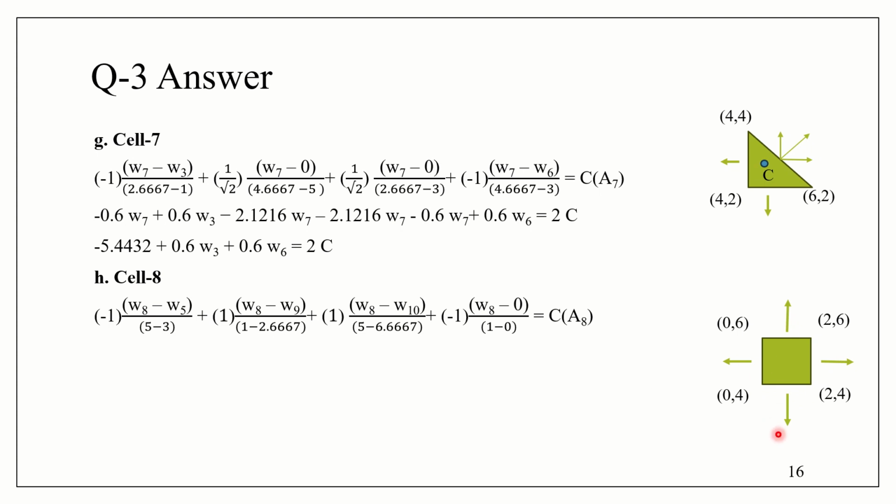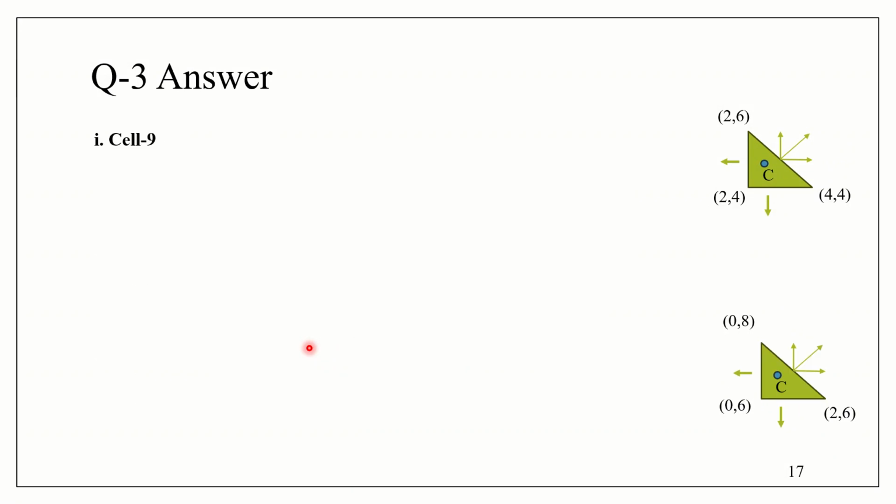Then 8 minus 9, and 9 is a triangular cell, so it is 2.67, and here it is 1. And 8 to 10, the 10th cell again is a triangular cell, so it is 5 minus 6.67, so minus 1, and this is similar. It might look like I am rushing, but when I show it back, it would be more clear. And we are getting one more equation.